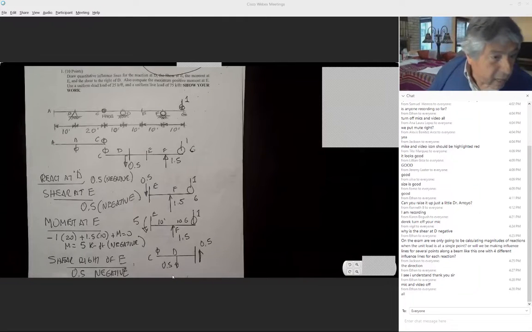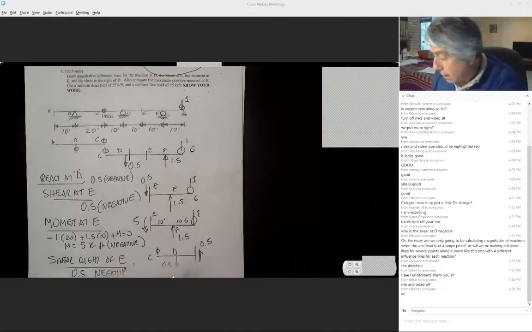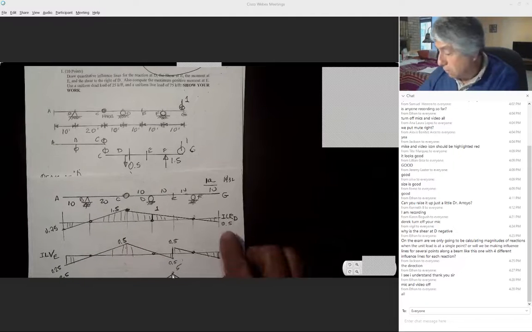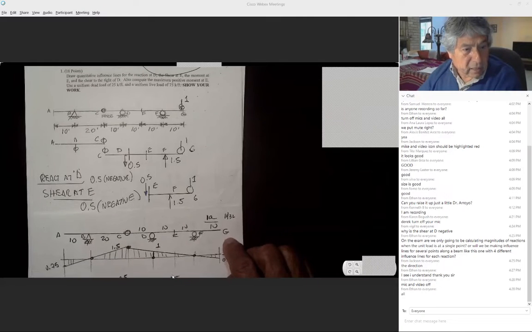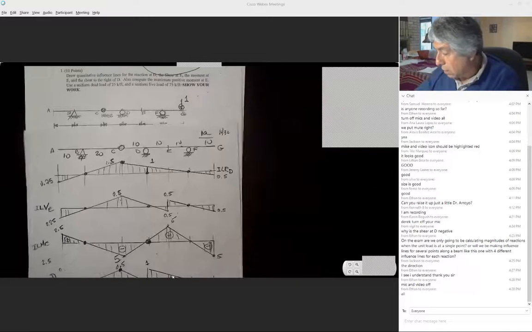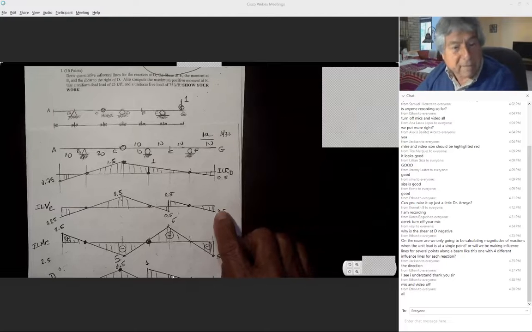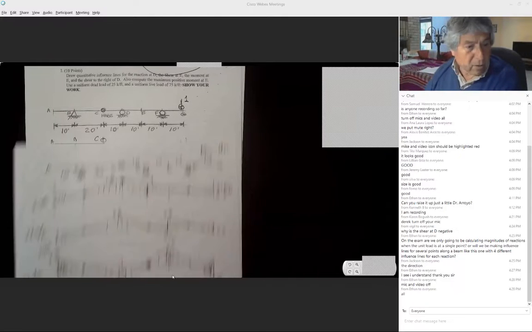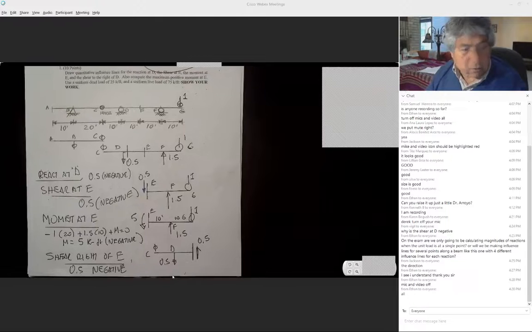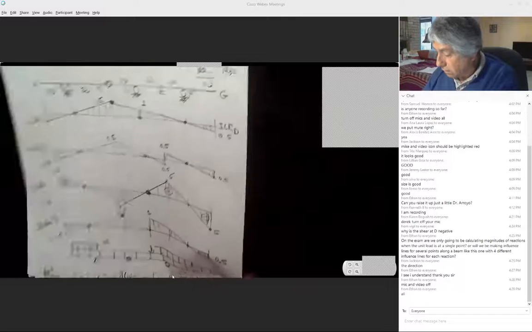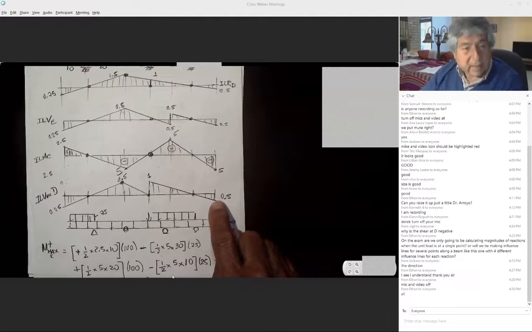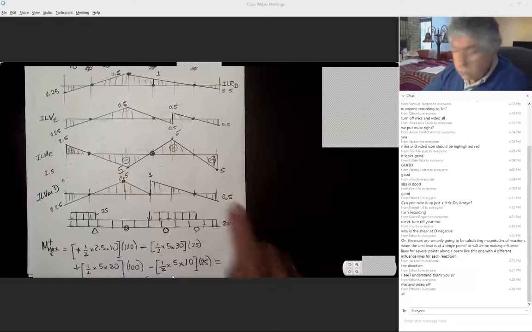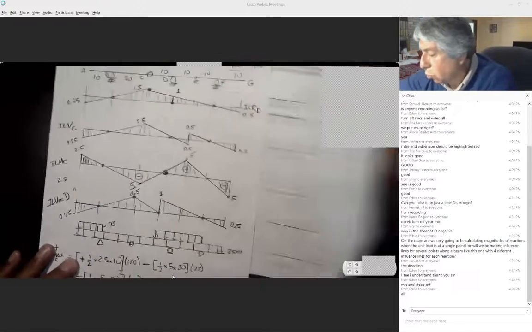And if you look at the reaction at D, 0.5 negative, look at D in here, 0.5 negative. The next value is the shear at E, 0.5 negative, look at the shear at E. The next value is the shear to the right of E, 0.5 negative, and the shear to the right of D, 0.5 negative. So this is the way we draw the influence line.